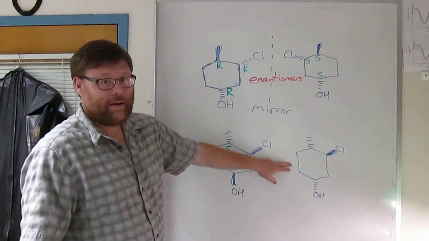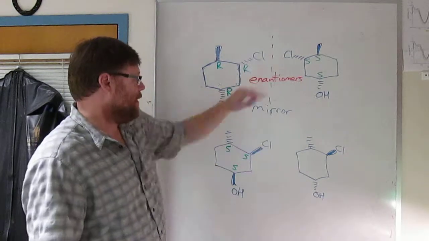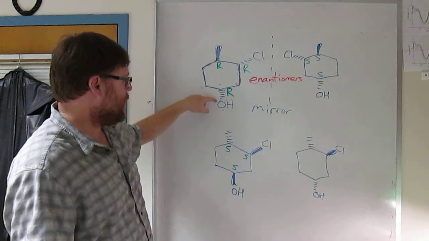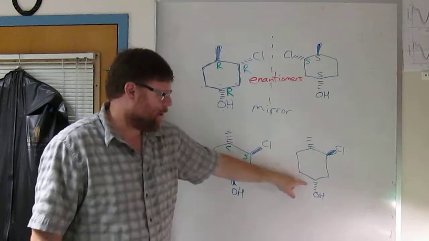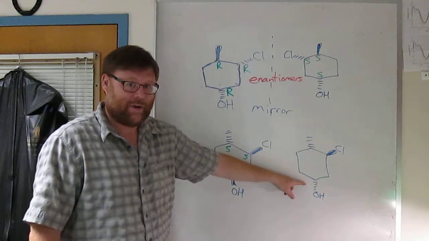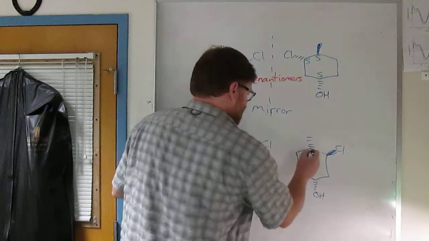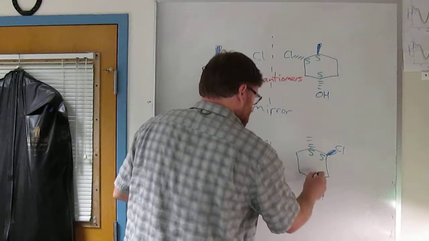This is now not an enantiomer or a mirror image of any of these structures, right? Look at this. The methyl and the OH are trans in the original structure. The methyl and the OH are cis in this structure I've drawn down here. So if we go through and do the configurations, this would be S, S and R.